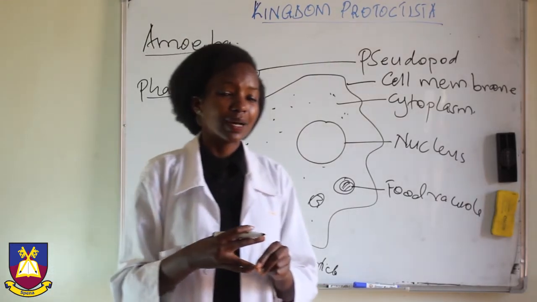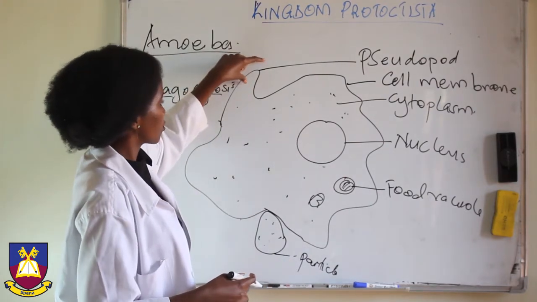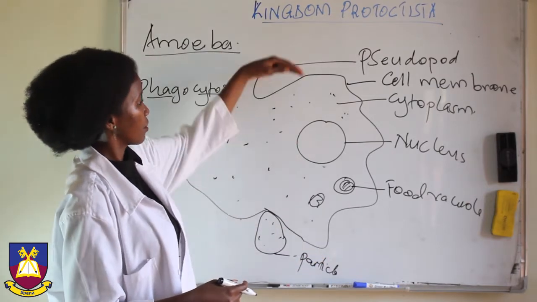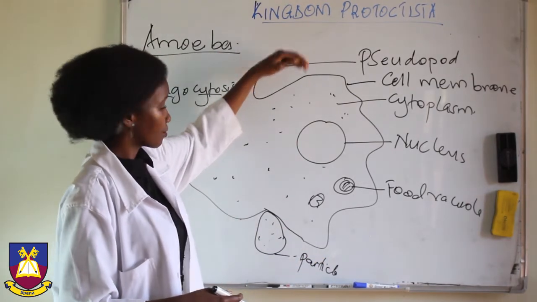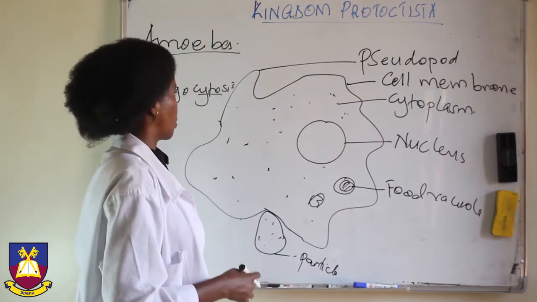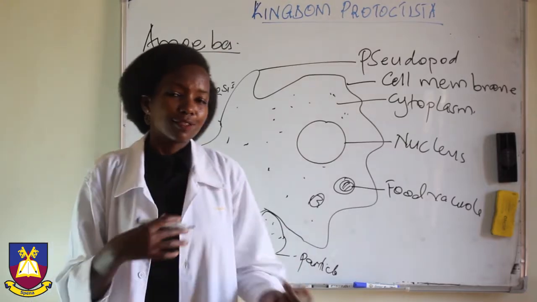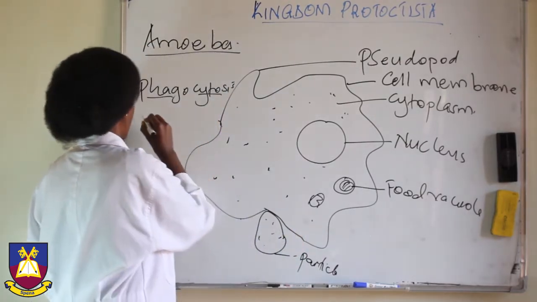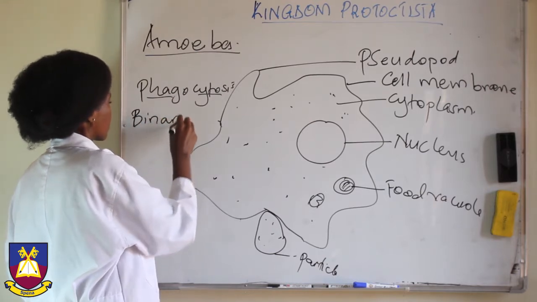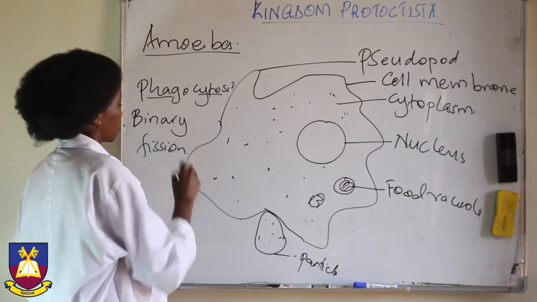It moves by this pseudopodia. So, when this pseudopod is formed, it pulls the rest of the cell body to this side, and more of the pseudopods are formed, assuming it is going upward, and it divides, it multiplies itself, reproduces by what we call binary fission.